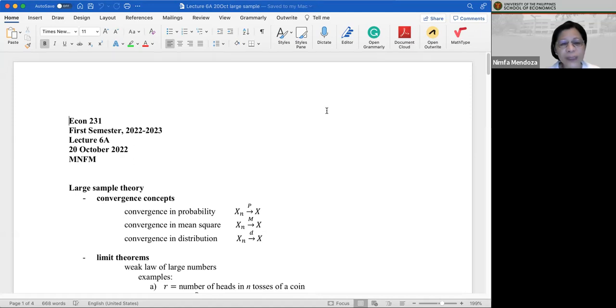And usually for the properties of the estimators and the tests of hypothesis, you have to appeal to large sample theory. The nice properties of estimators and the tests of hypothesis are usually interpreted in the context of large sample theory.